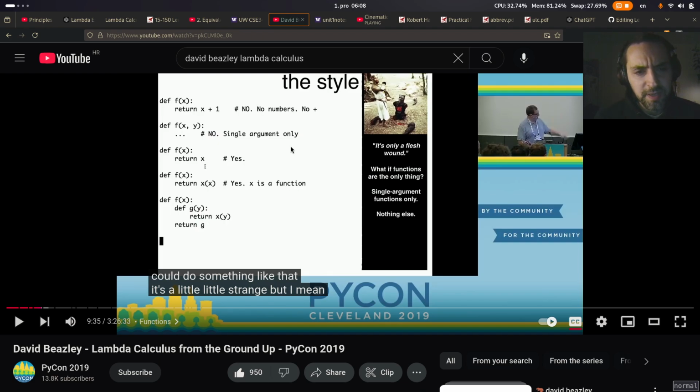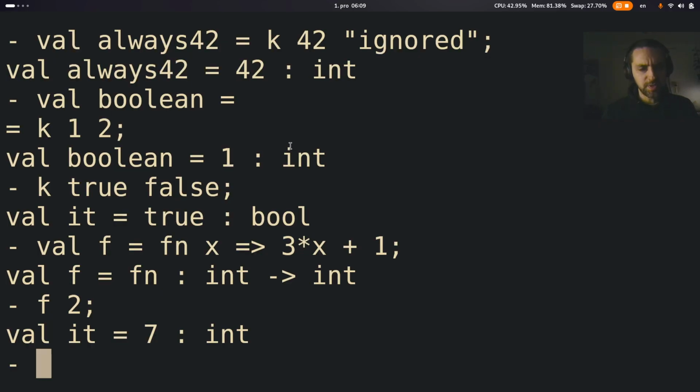So define f of x, define g of y, return x of y, return g. This is interesting. How would you do this actually?